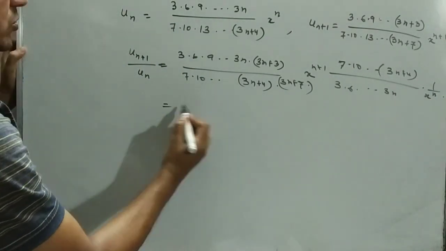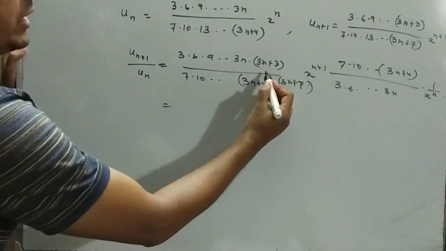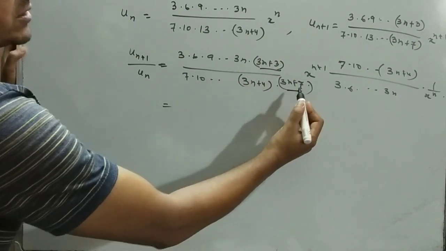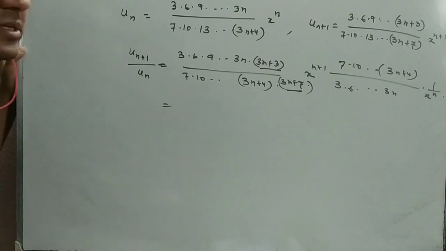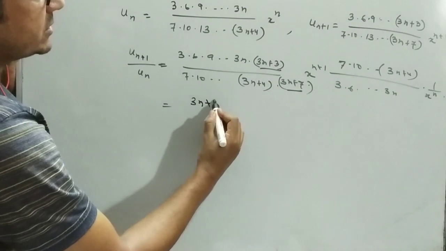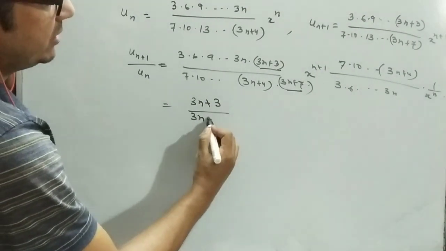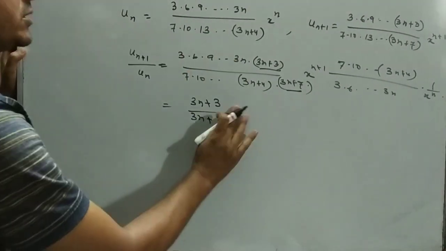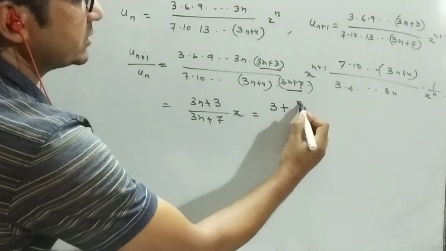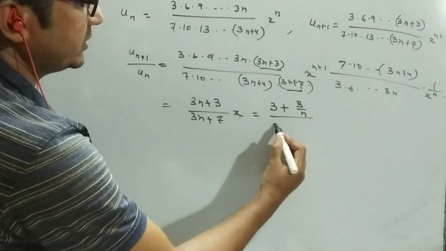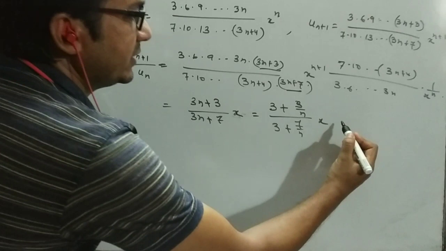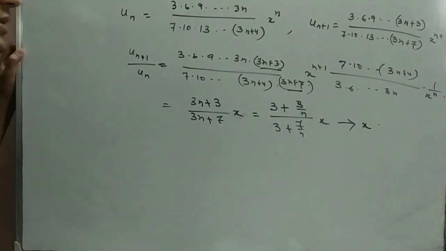That is, we get here only left 3n plus 3 and here this, and all the other terms are cancelled, and here only x remains. That is (3n plus 3) by (3n plus 7) into x, right? So (3 plus 3 by n) by (3 plus 7 by n) into x, and this tends to x.